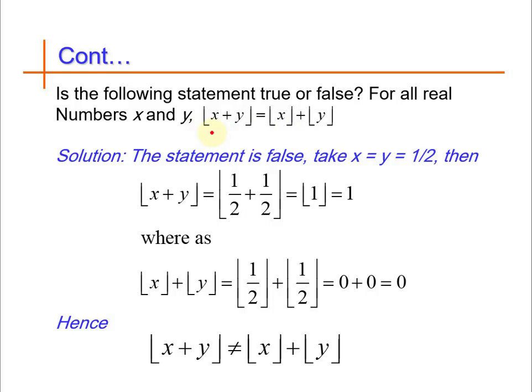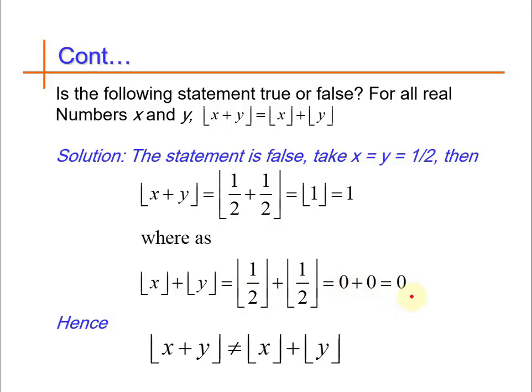Let us say we choose x and y equal to 1 over 2. Then what happens? While adding x plus y, we are getting 1, and the floor of 1 is 1. But when we see the floor of 1 over 2 alone, we see that it is 0, because the greatest integer which is less than 1 over 2 is 0.